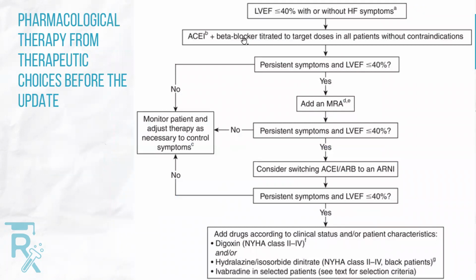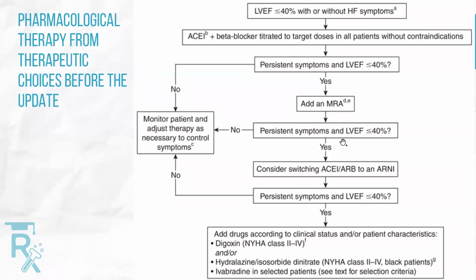Okay, so a patient with heart failure and left ventricular ejection fraction of 40 or less, I will start him on ACE or ARB plus beta blocker at a low dose. Then I will see. If no response, I will slowly increase the dose. If no response, I will add MRA. If after that the patient is controlled, that's totally fine. I need to adjust the therapy and monitor. Nothing else to do. But if the patient is not showing enough response, I have to do something here.